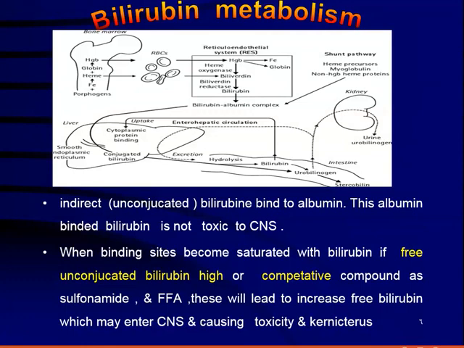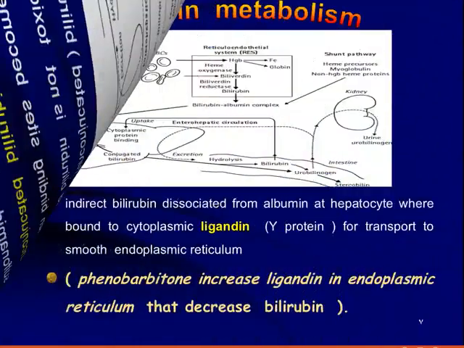When the binding site of albumin becomes saturated with bilirubin, if free unconjugated bilirubin is high or a competitive compound such as sulfonamide or free fatty acid is present, this will lead to an increase in free bilirubin, which may enter the CNS causing toxicity and kernicterus.